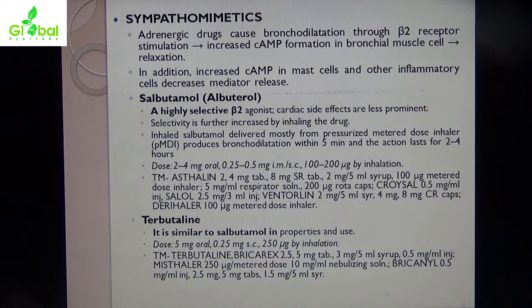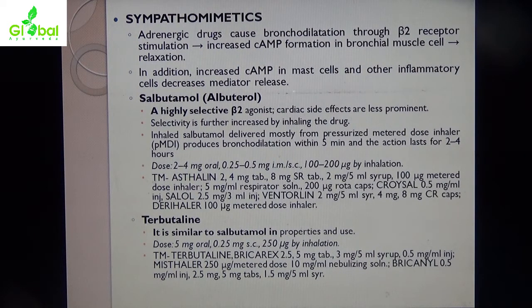The dose of salbutamol is 2 to 4 milligrams orally, 0.25 to 0.5 milligram IM or subcutaneously, and 100 to 200 micrograms by inhalation. Asthalin, Crocerol, Ventolin, Derihaler are trade names of salbutamol.